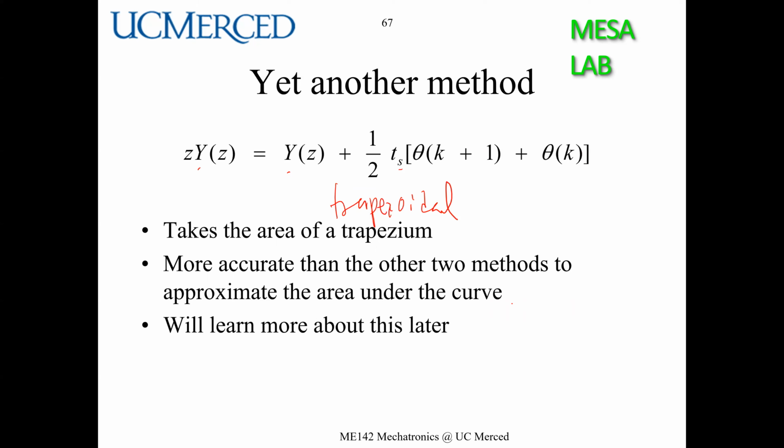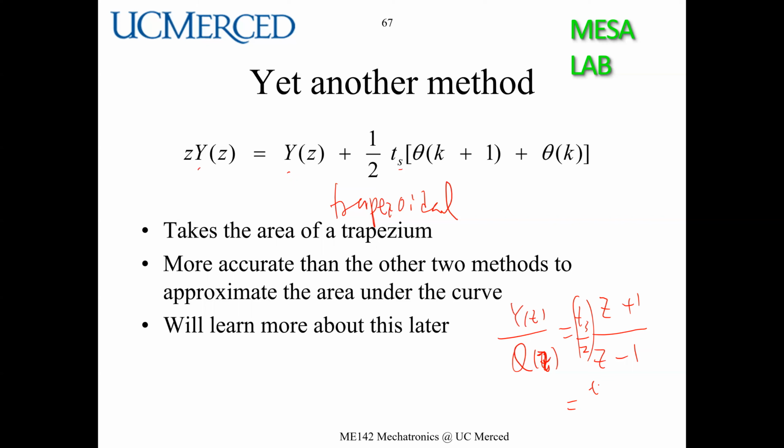So you are going to do y of z divided by theta of z. What do you get? You get z minus 1 here, and here you are going to have ts divided by 2 times z plus 1.